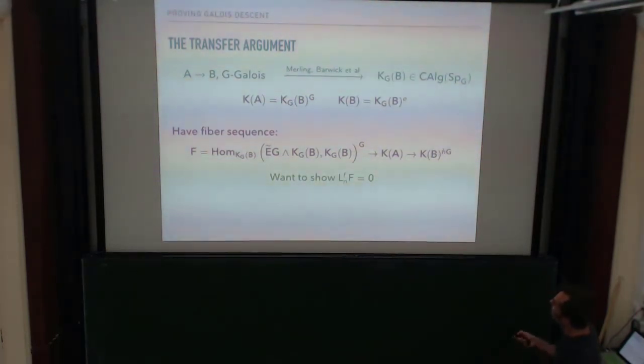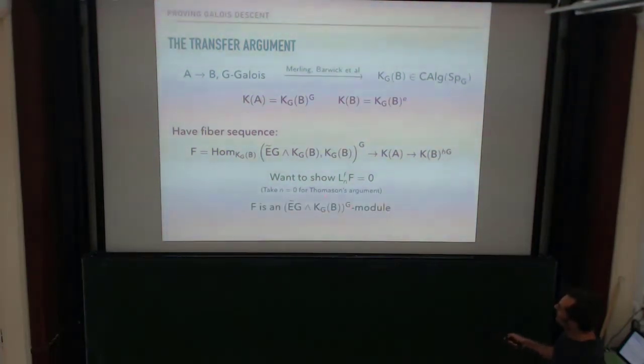So we want to show that if we localize K of A with respect to all these things in K of B, then this guy is always a module over this.